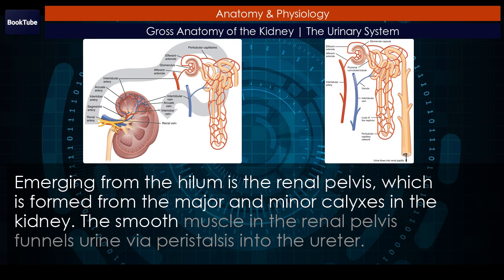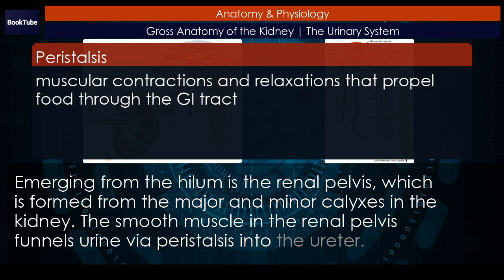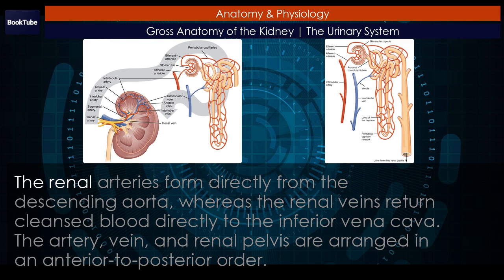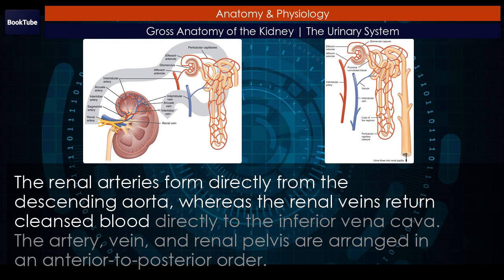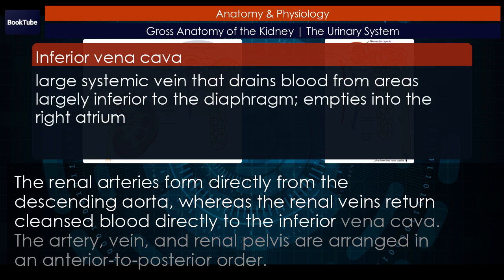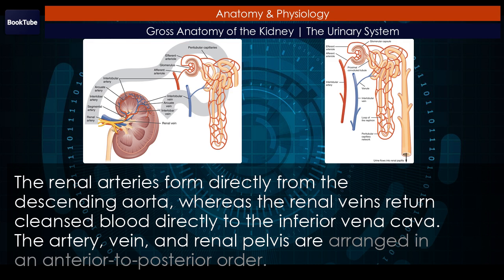The smooth muscle in the renal pelvis funnels urine via peristalsis into the ureter. The renal arteries form directly from the descending aorta, whereas the renal veins return cleansed blood directly to the inferior vena cava. The artery, vein, and renal pelvis are arranged in an anterior to posterior order.